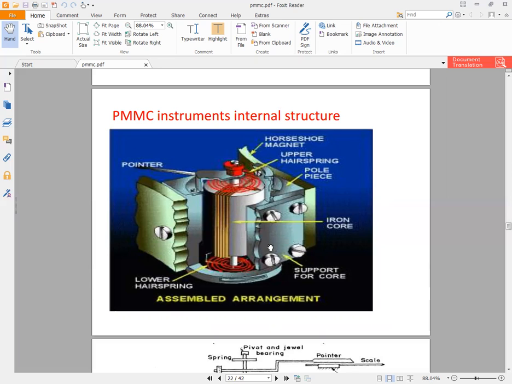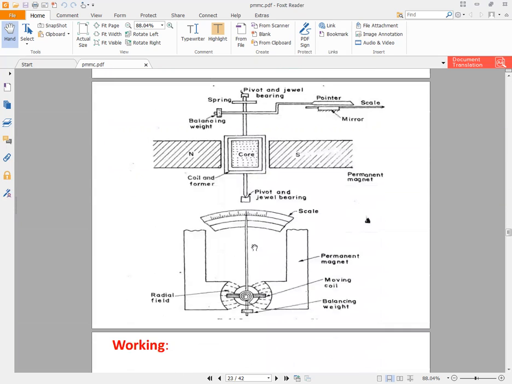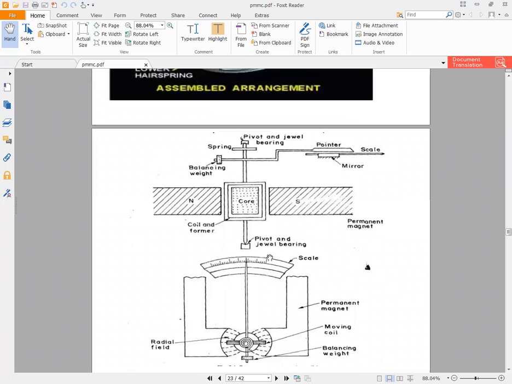So here we can see two springs are given, poles are placed. Next, the magnets are taken. This is nothing but our iron core, the support of the iron core. In detail, here in the construction diagram, we can simply see the construction.